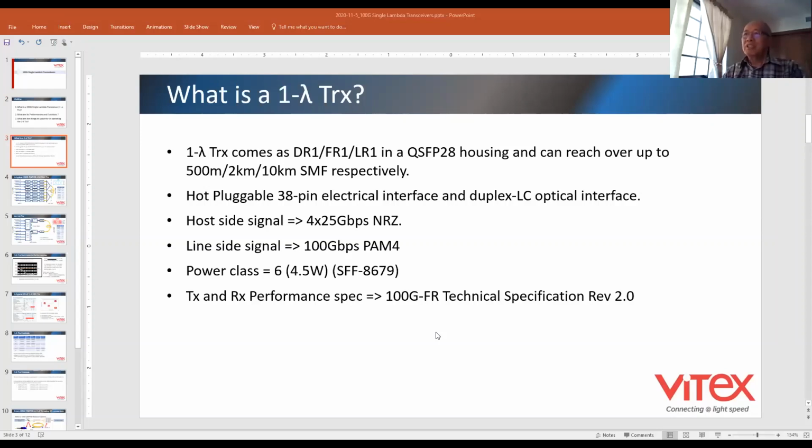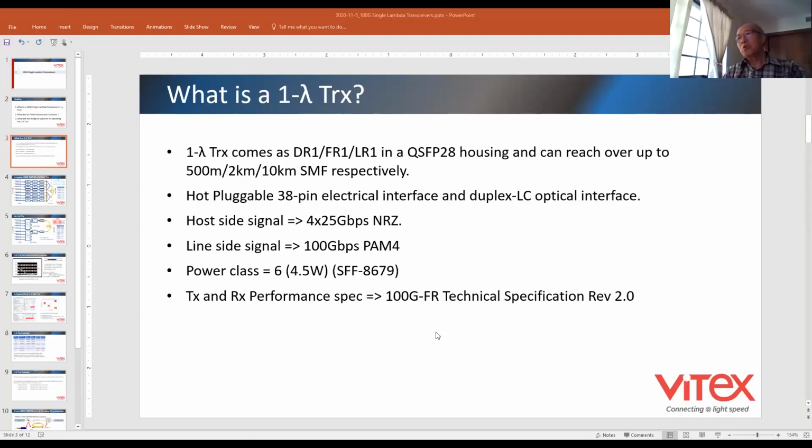Now here comes a little complexity. On the host side it is always 4 channels of 25 gigabit per second NRZ. But on the line side, the DSP inside the transceiver will convert it into a PAM4 signal, and the aggregate is converted into 53 gigabaud, which is equivalent to 100 gigabits per second on the line side.